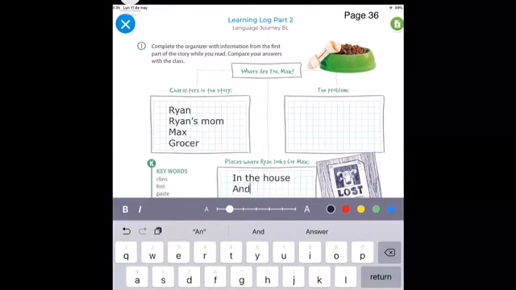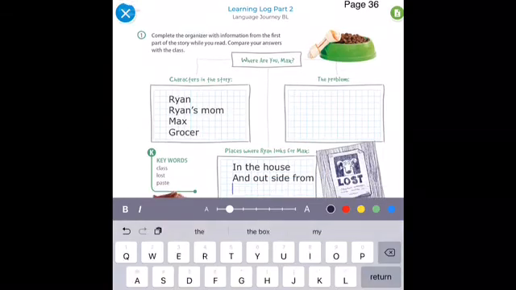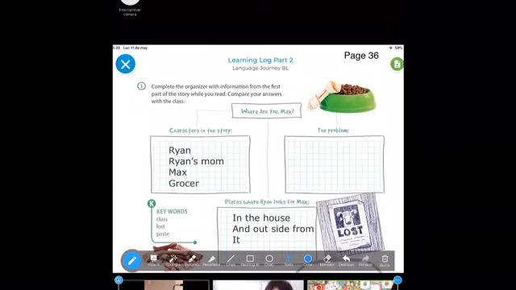And outside from it, okay? You have to copy that, please. Copy that in your book. Your microphone, Roman, thank you. Okay, very good.